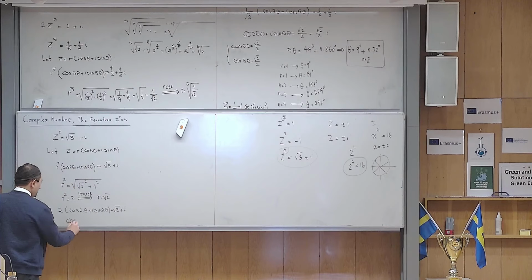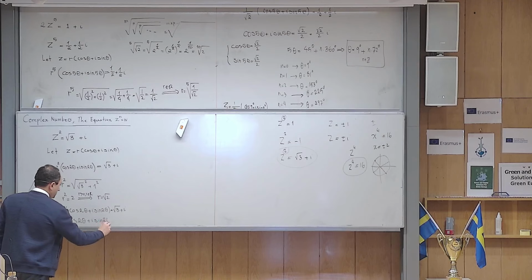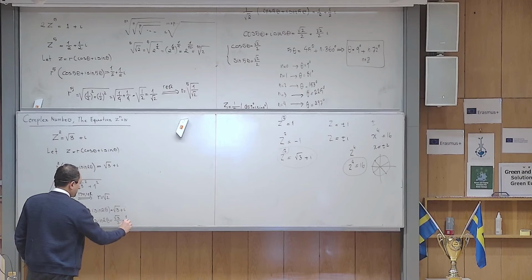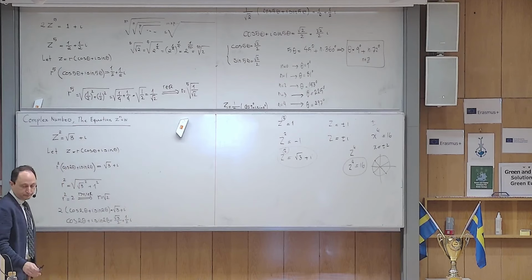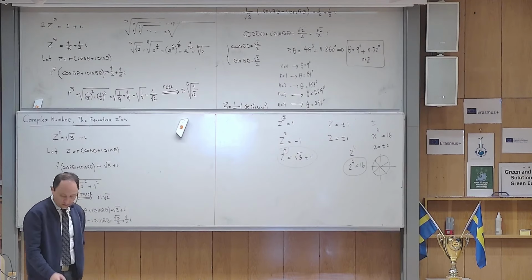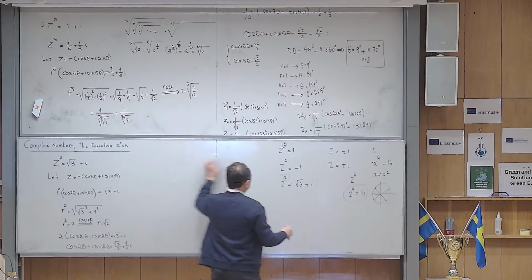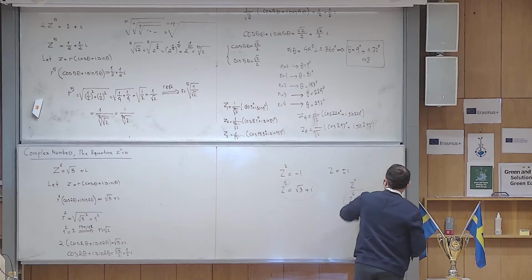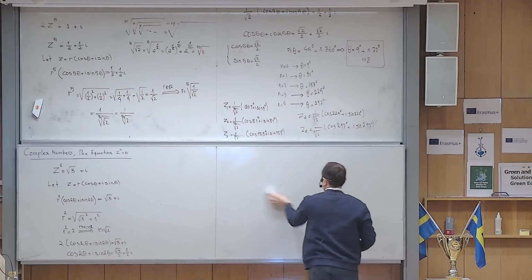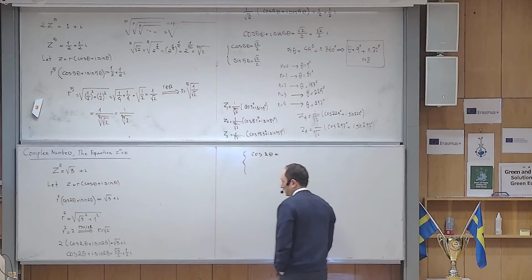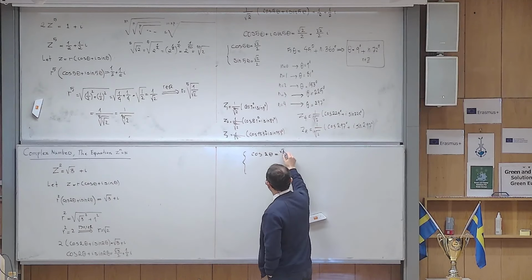So cosine 2 theta plus I sine 2 theta becomes equal to square root of 3 over 2 plus 1 over 2 I. Yes? Okay, and then you come up with a system. Cosine 2 theta is the square root of 3 over 2.